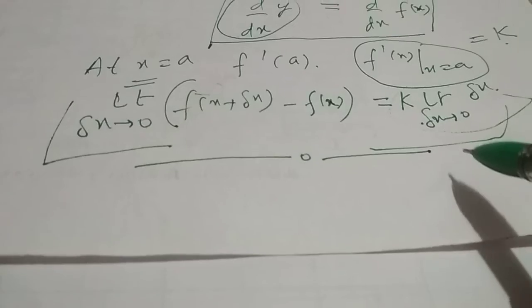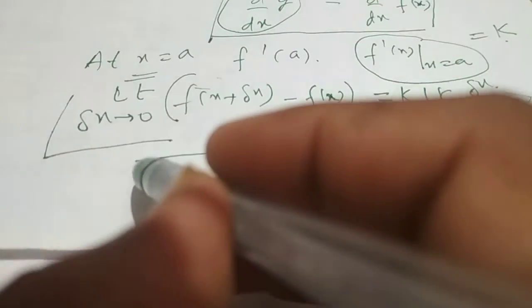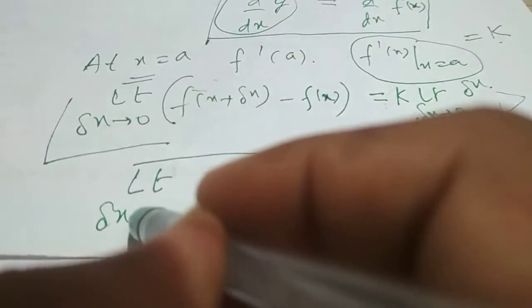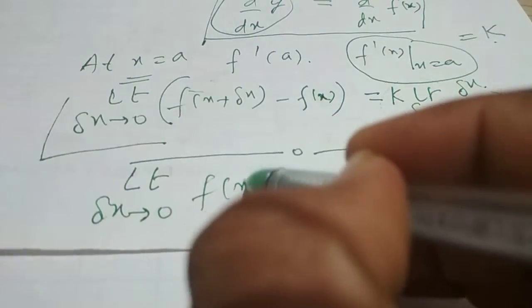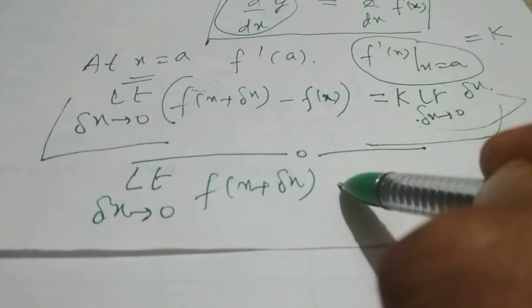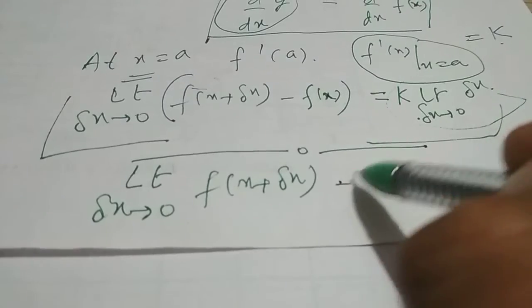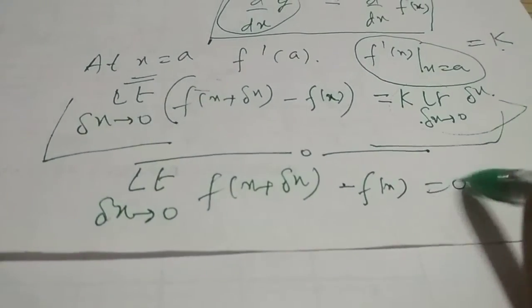So we write limit delta x tends to 0, f of x plus delta x minus f of x equal to 0.